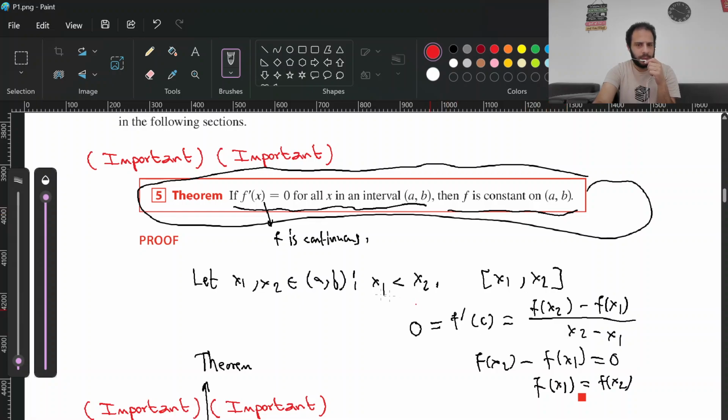Here is the proof. Since it's differentiable, it's also continuous. You assume 2 points, x1, x2 belong to the open interval with x1 less than x2. Then this closed interval x1, x2 is part of the open interval a to b, right? Because x1 is greater than a, x2 less than b, right?